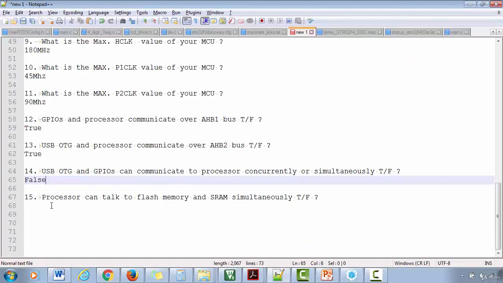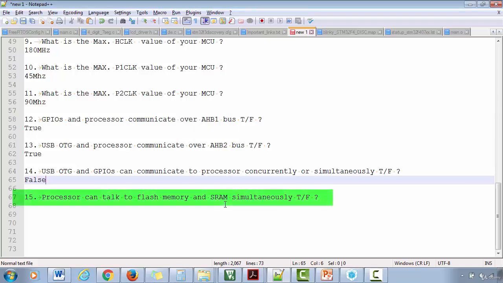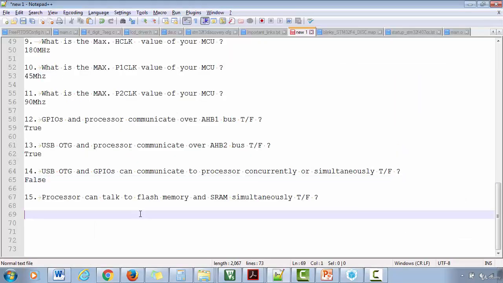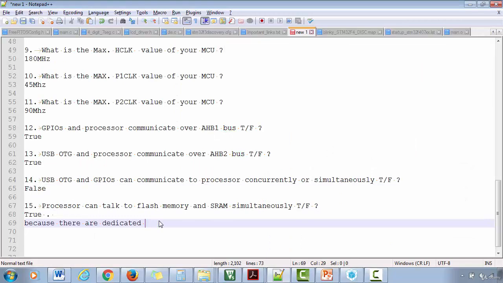Next: the processor can talk to flash memory and SRAM simultaneously. What's your answer for this? That's true, right? Because there are dedicated buses.